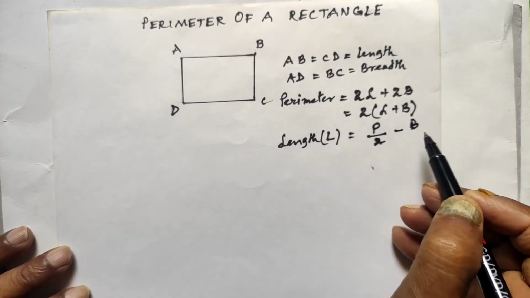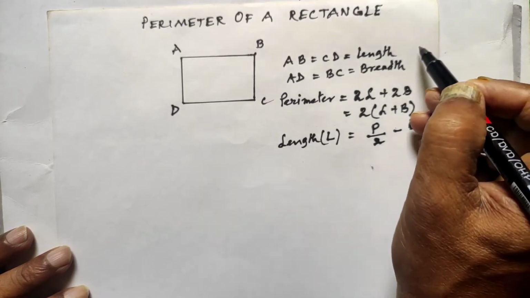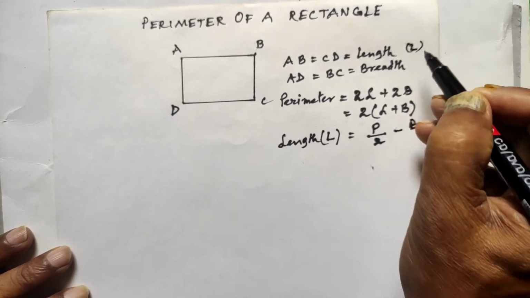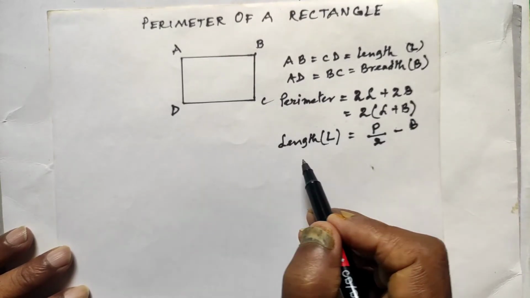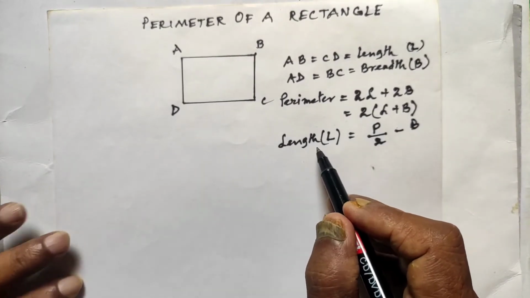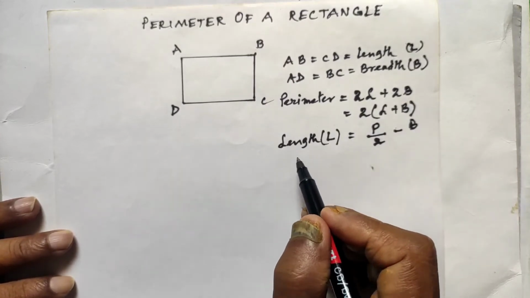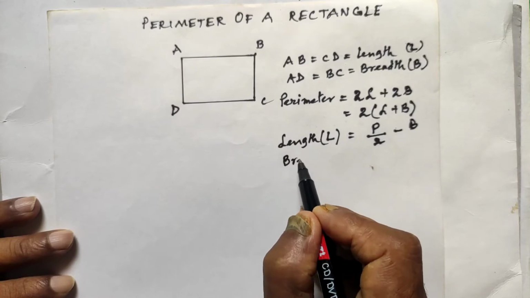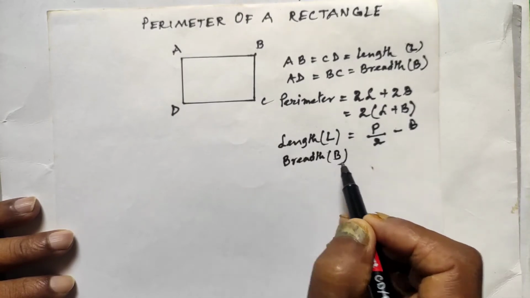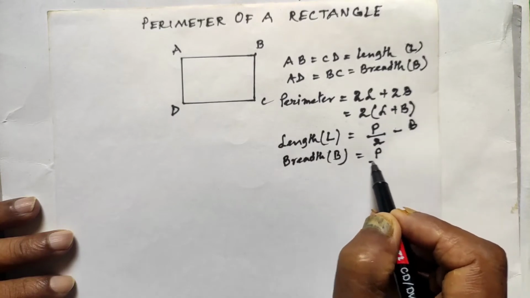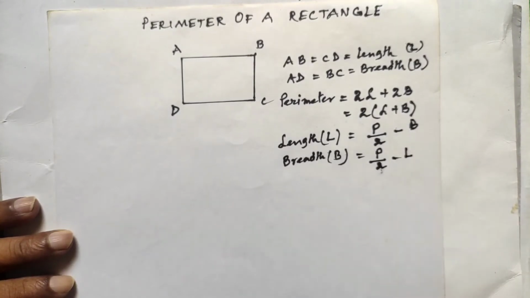Again over here we can write L and B, breadth. So this is the formula to find the length from the perimeter of a rectangle. And in case of breadth, we will use this formula, P by 2 minus L, that is length.